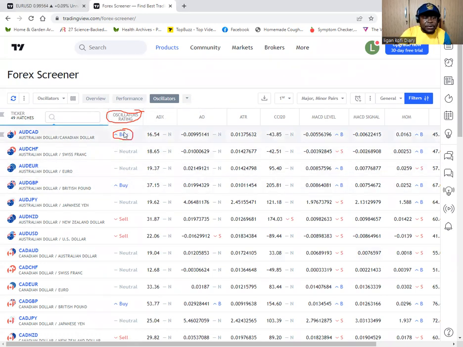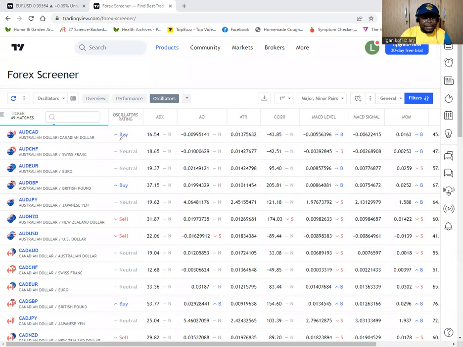You are looking at the general result at the end of the 10 oscillators, which is a buy. So this is the signal section, which is the oscillator section. I pray you should be able to understand this.